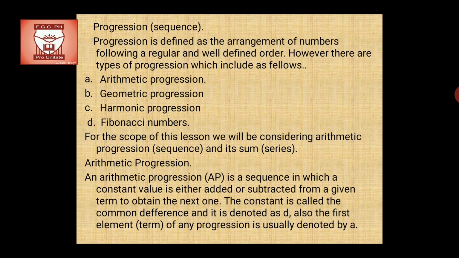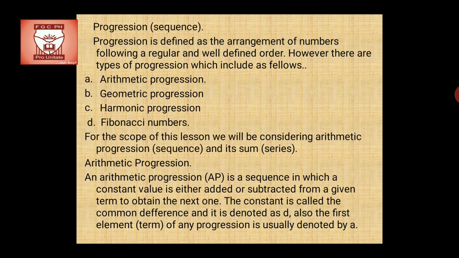For the scope of this lesson, we will be considering arithmetic progression, which is also known as sequence, and sum, which is also known as series. Arithmetic progression. What do we mean by arithmetic progression?